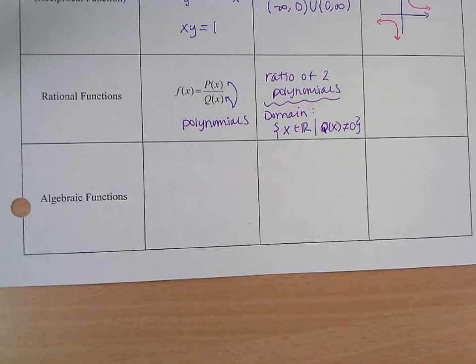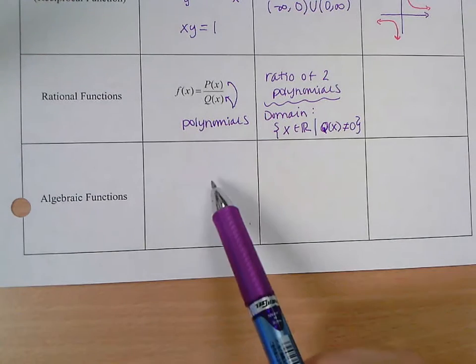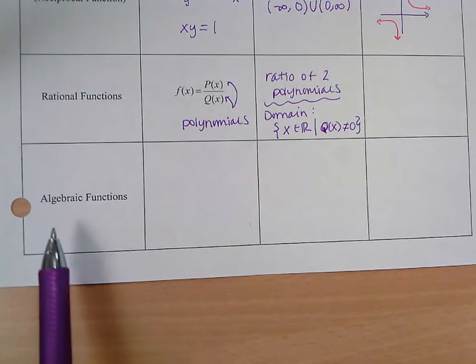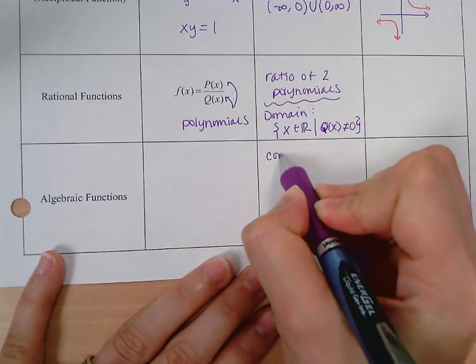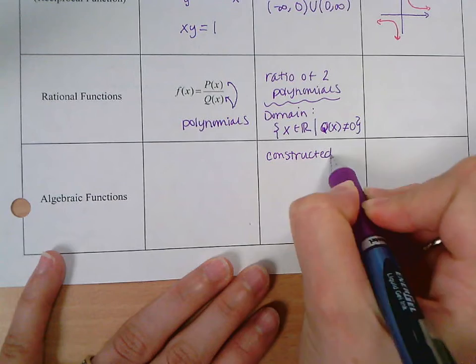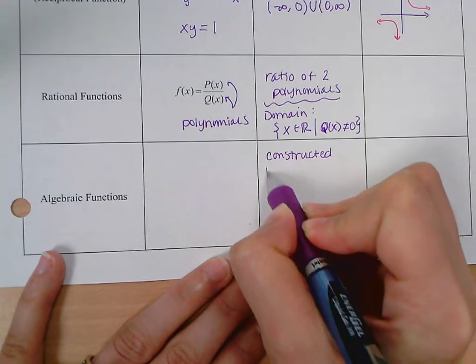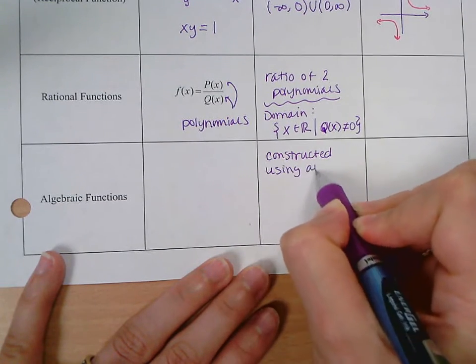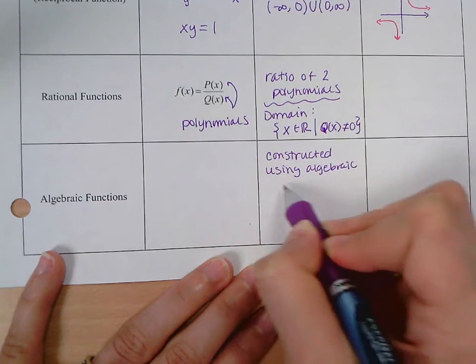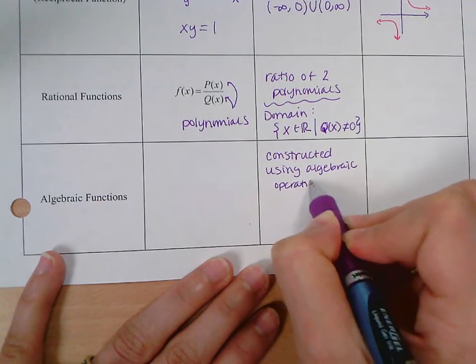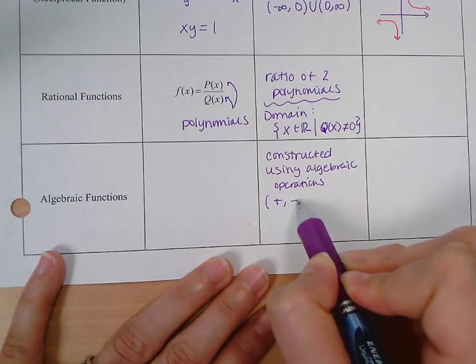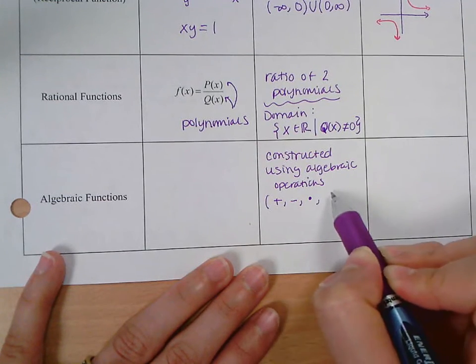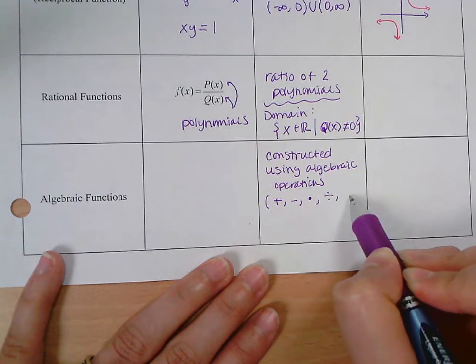And then we have below this algebraic functions. These do not have a specific formula. So how algebraic functions are defined, they are constructed using algebraic operations. And those algebraic operations include addition, subtraction, multiplication, division, and roots.